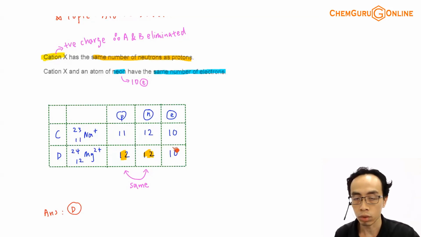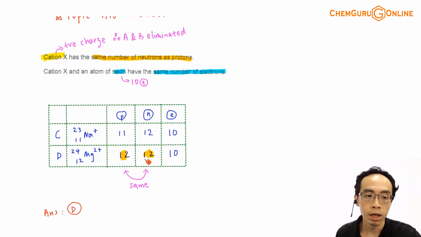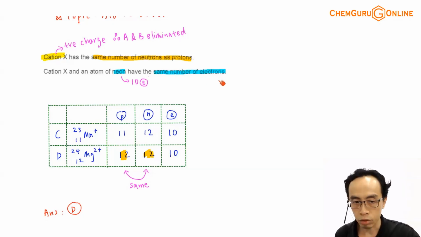So now we are able to look at the question and determine our answer. The question mentioned that X has the same number of neutrons as protons, which is the case for Mg2 plus, option D. Both proton number and neutron number are 12. And X and an atom of neon have the same number of electrons. Neon has 10 electrons, as we talked about earlier.